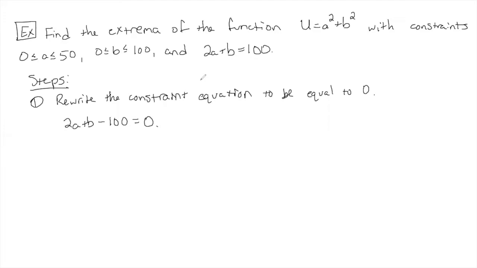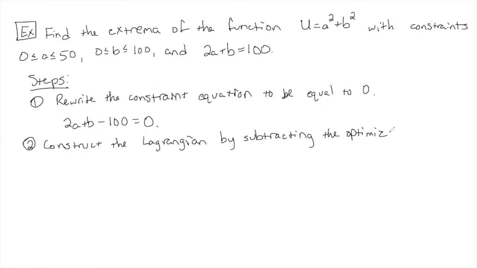Okay. Then we construct this new thing called the Lagrangian, by subtracting the optimization function, U for short, by the constraint multiplied by lambda.